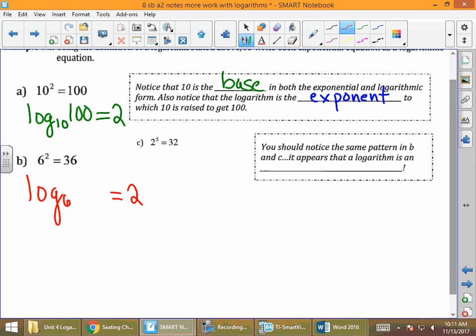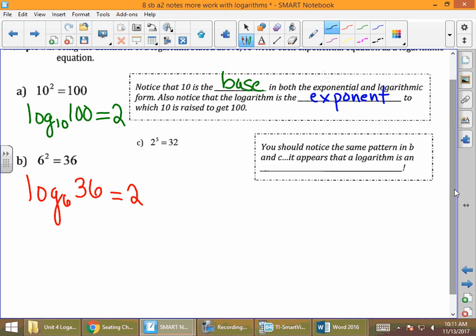It's log base 6, and then we only have one piece left, which is the 36. When I say one piece left, there's really 3 pieces. There's the base, there's the exponent, and then there's that other number. And typically, we can write down the base and the exponent first, and then we can fill in that other number.